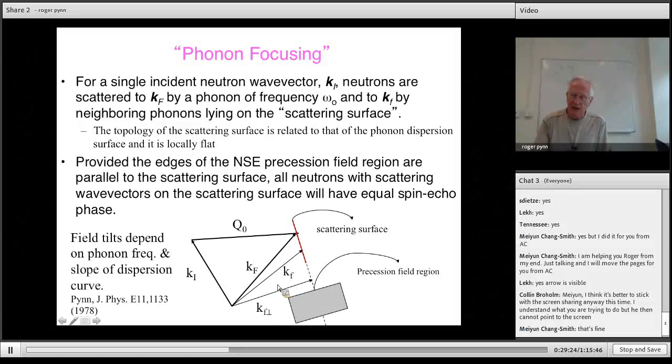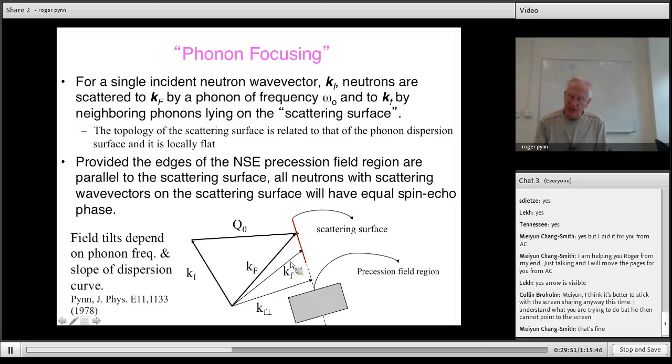So effectively, you can think about the scattering surface as saying that if I'm looking at a phonon here at some position Q0, and now I have some change in angle of the exit wave vector, the exit wave vector is somewhere along a line that's along here.